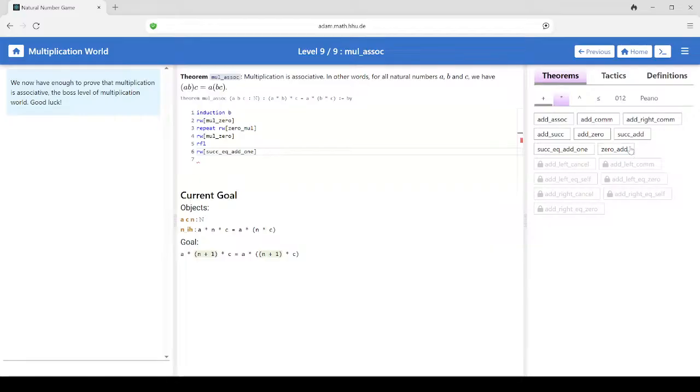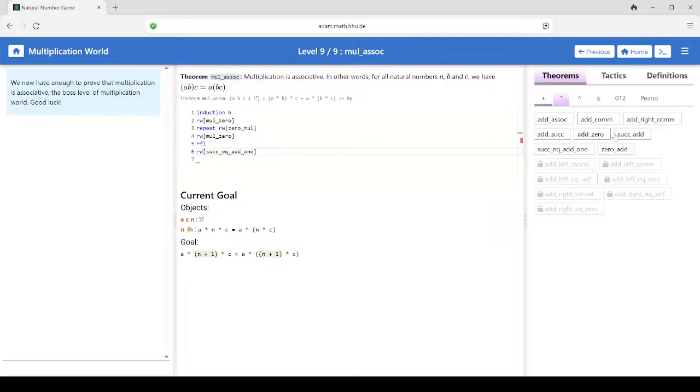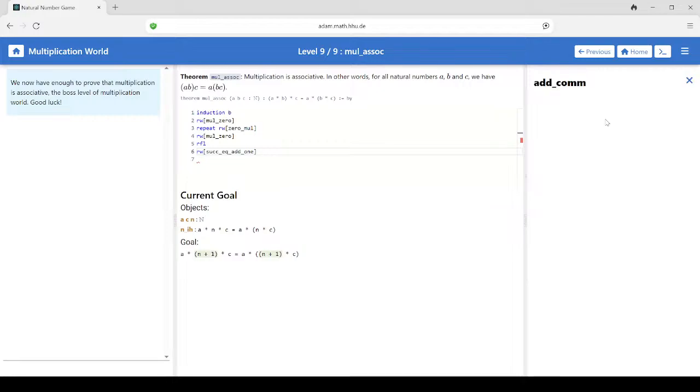Well, is there anything else I can do with plus 1s? I can change it to 1 plus n instead of n plus 1, but that doesn't seem to help me at all.